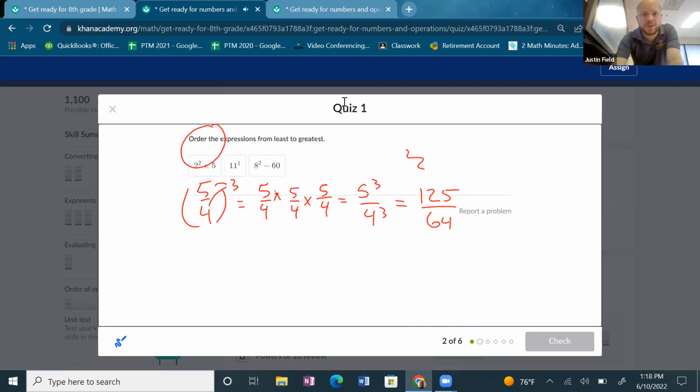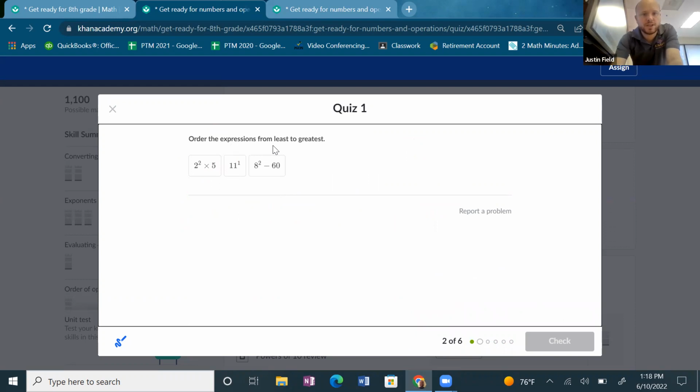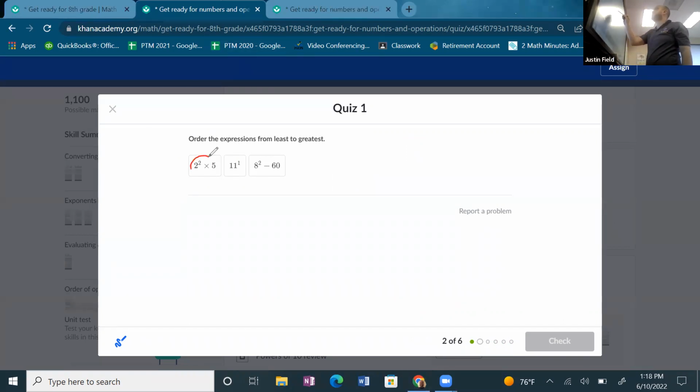All right. Order the expressions from least to greatest. This involves some number sense, understanding what these expressions calculate out to, and knowing that we have to do exponents before our multiplication. So 2 to the 2nd is 4, so that makes this expression 20.